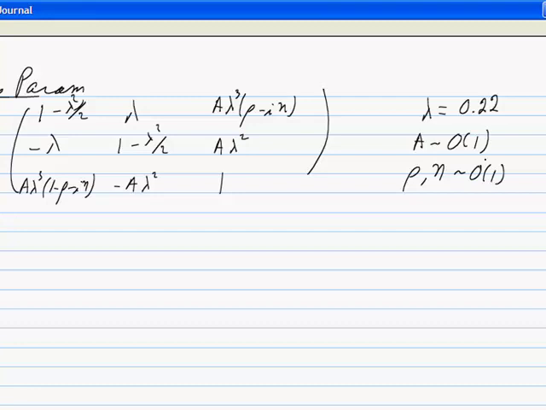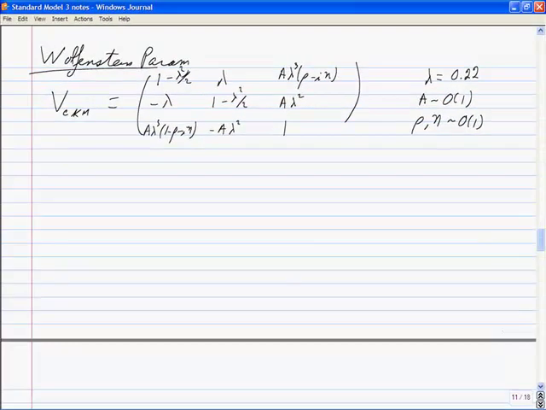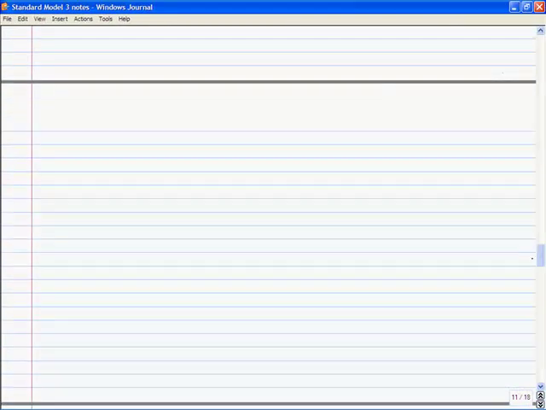I think rho squared plus eta squared is about a half, I think it is. Okay. Any questions about that? Let's set it up.